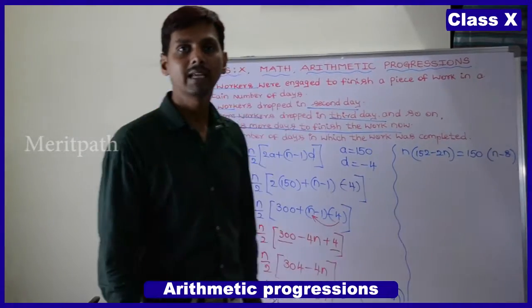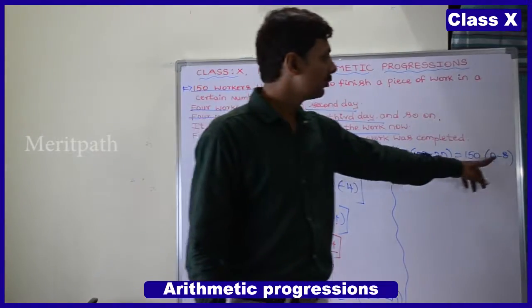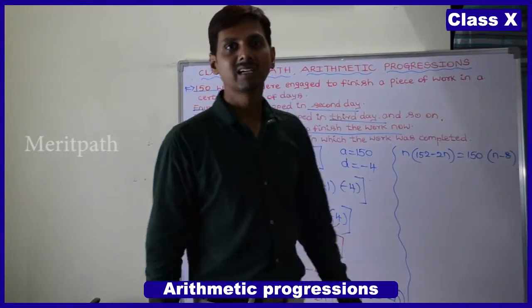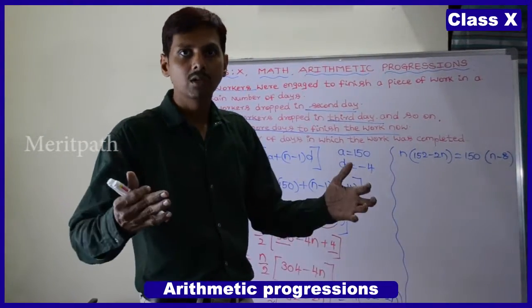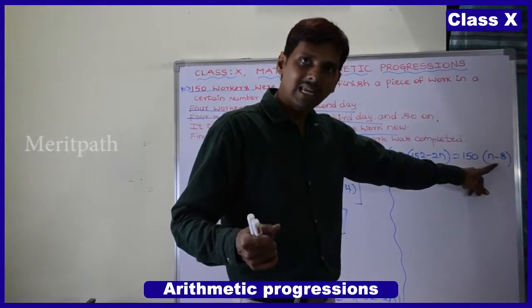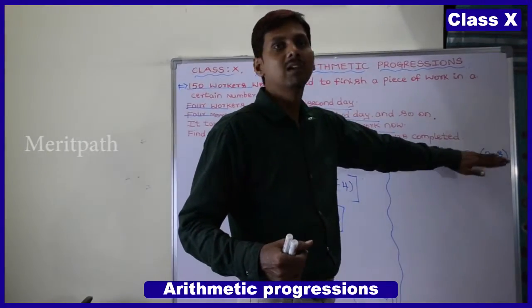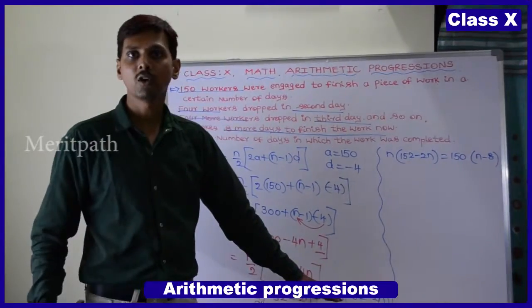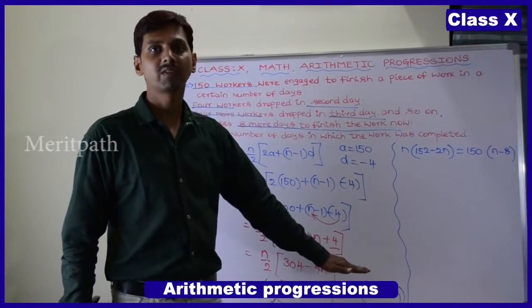The reason for taking minus 8 is that it's taking 8 days more. If you subtract 8, then this value will be equal to the constant number of days they worked.